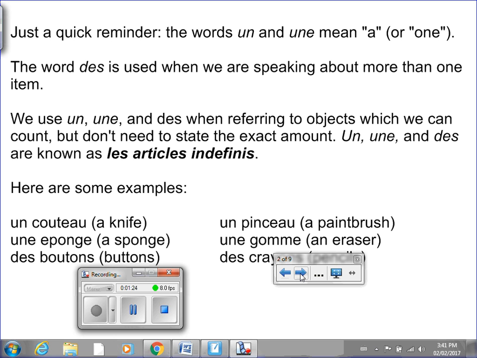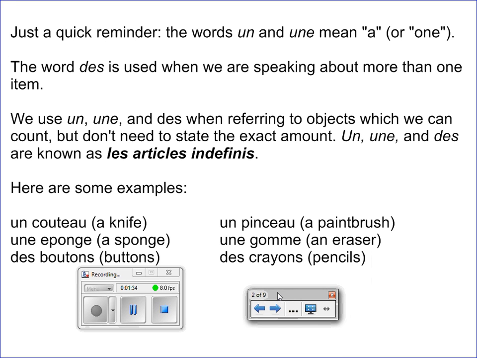Un, une, and des are known as les articles indéfinis. Here are some examples. Un couteau, a knife. Une éponge, a sponge. Des boutons, buttons. Un pinceau, a paintbrush. Une gomme, an eraser. Des crayons, pencils.